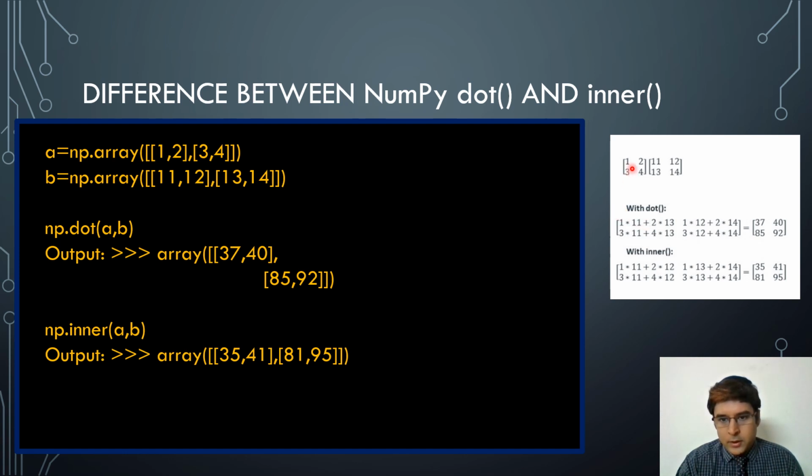With dot product, it is taken in a row by column way, and in inner product it is taken in a row by row way. So with inner it is 1 times 11 plus 2 times 12, then 1 times 13 plus 2 times 14. So it is row wise, and this is column wise separation. Hope this is clear.